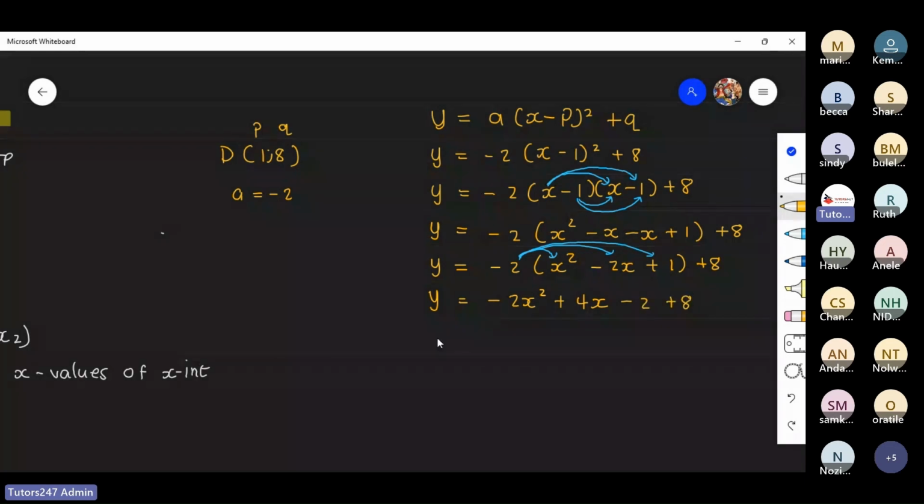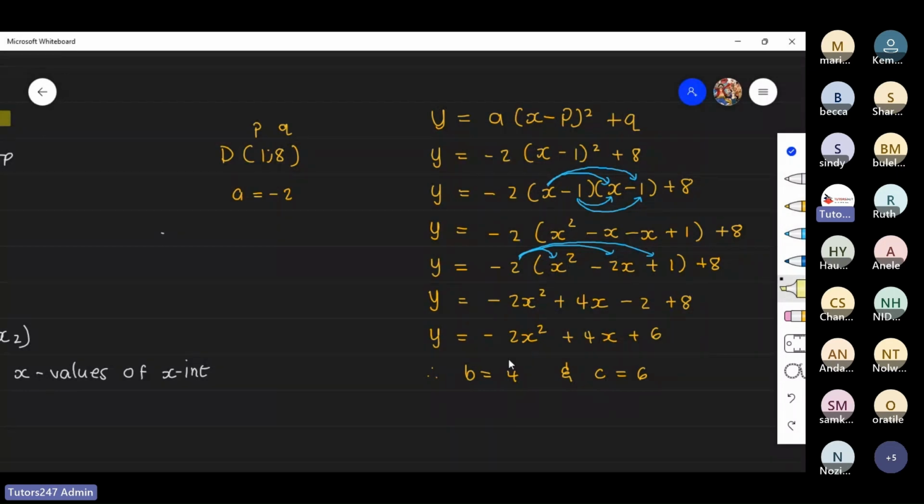Now, finally, we can simplify this into negative 2x squared plus 4x plus 6. So we've now found the equation of that particular parabolic function that we were given. So we can therefore conclude that our value of b is 4 and our value of c is 6.